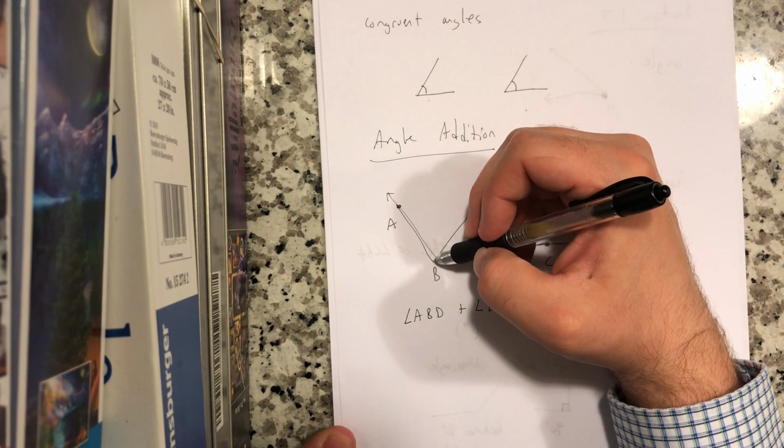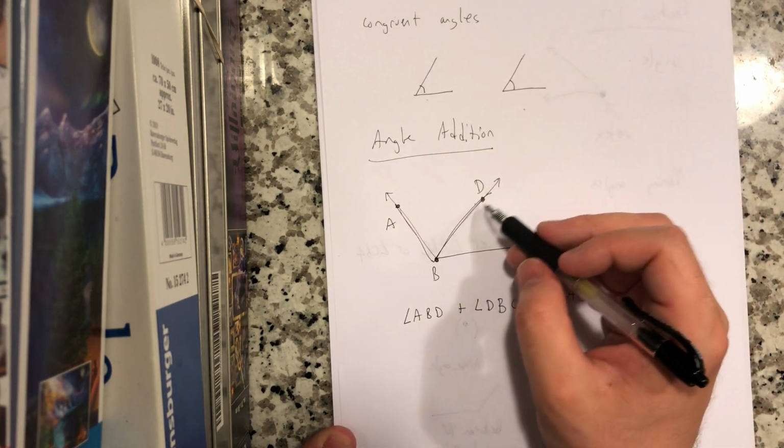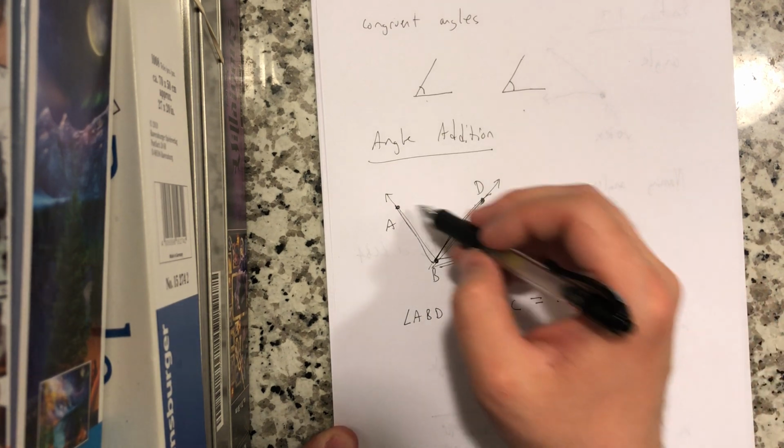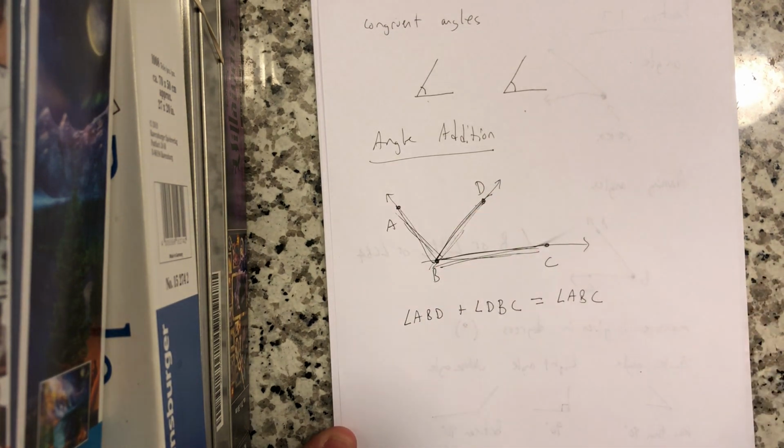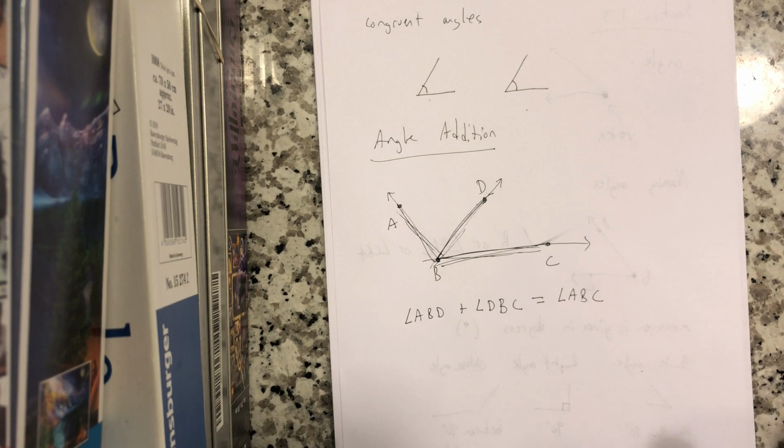So if you go from this angle here and add onto it this angle here, it's the same thing as having the whole angle all together.